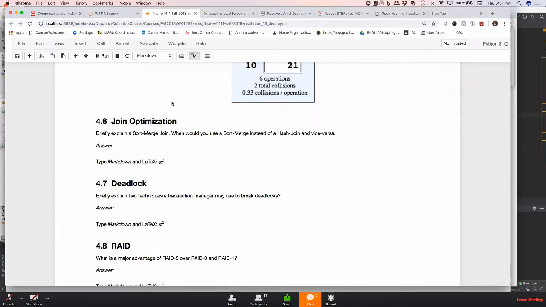So that's the obvious answer. The other one is, in principle, you don't actually need to join on equality. You can join on comparators. It's very rare to do that, but the net of it is, hash join only works for equality and it can't be ordered.